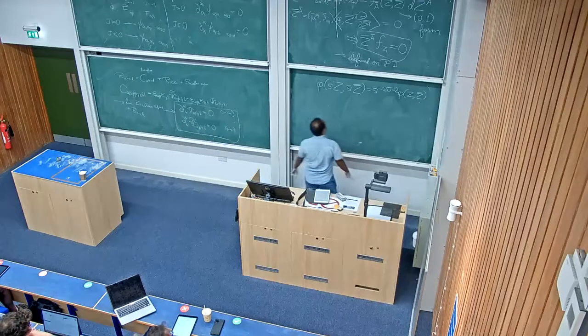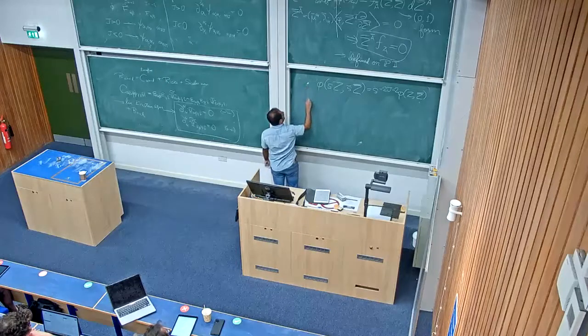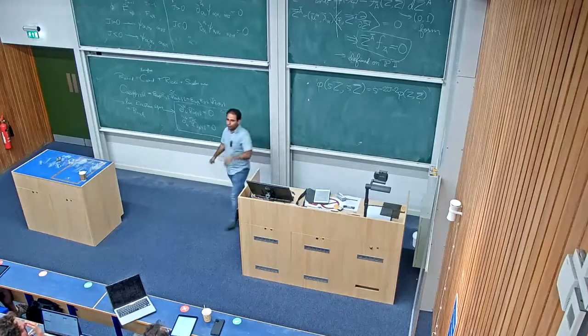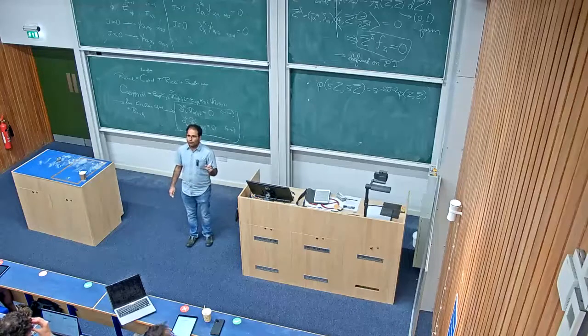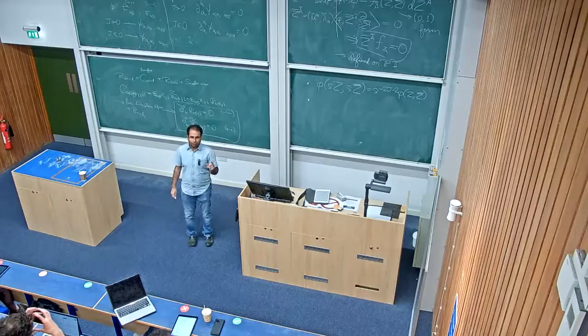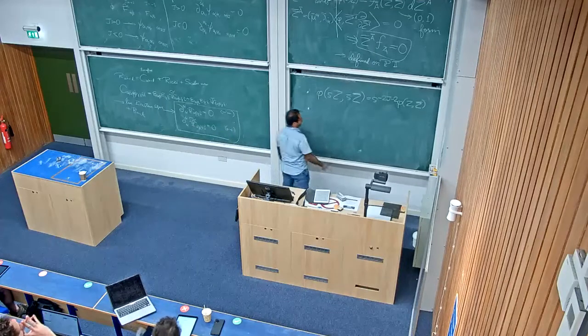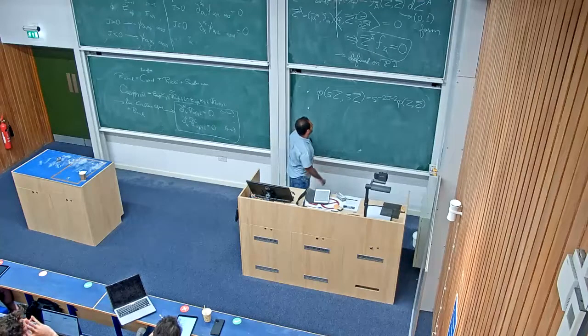So the last condition on this data, so you think of these as some fields on twistor space which will generate data. Someone asked a question? No. You're thinking? Okay. Cool. The last condition and the most important condition is holomorphicity.